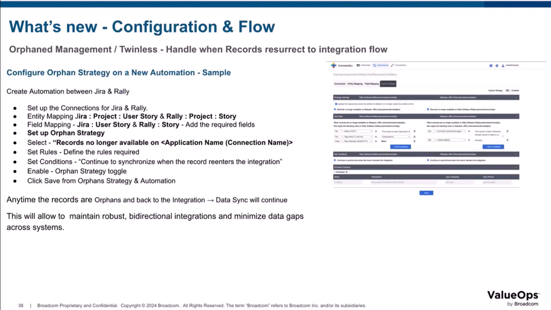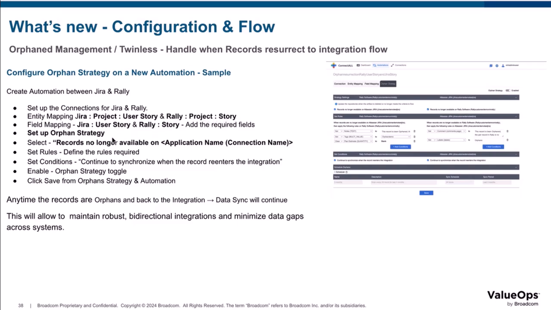The way that I have set up this orphan strategy for the demo is, I have a connection that has been created between Jira and Rally. In Jira, I have specified a project, and in that project a user story can get synchronized to Rally, to a particular project that I've selected, as stories.